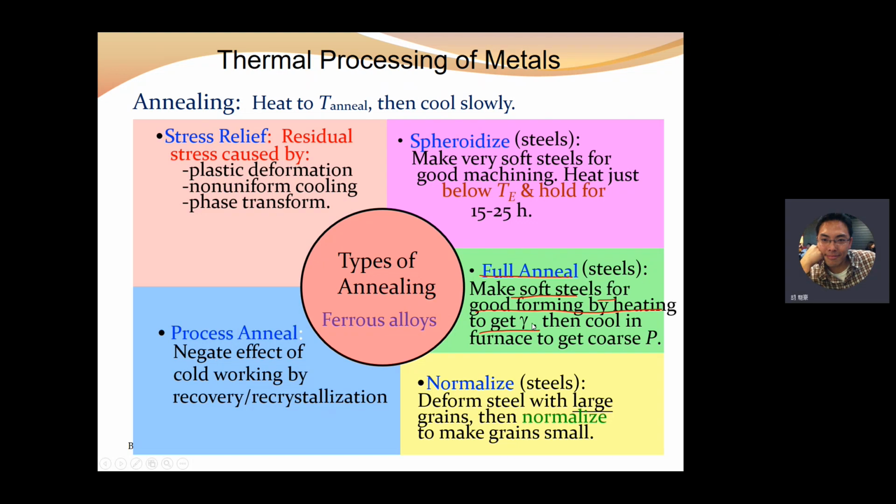And the other process is called normalizing. Normalizing is for steel deformed with large grains, then normalized to make the grains small. Therefore, full annealing gets coarse pearlite, and normalizing gets fine pearlite.